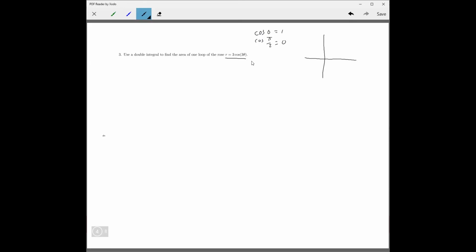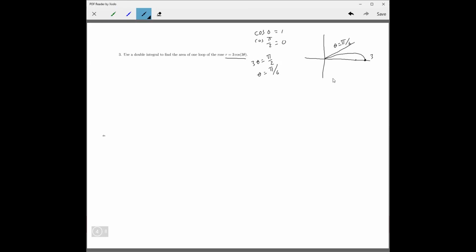What's going to happen is if you set 3 theta equal to pi over 2, you get pi over 6. So essentially, when your angle is 0, then 3 theta is going to be 0, so that means you get 3, right? And when the angle is pi over 6, it's going to be back to 0.